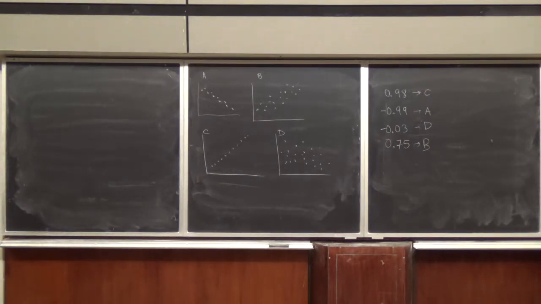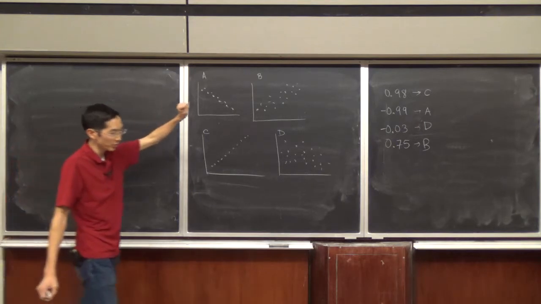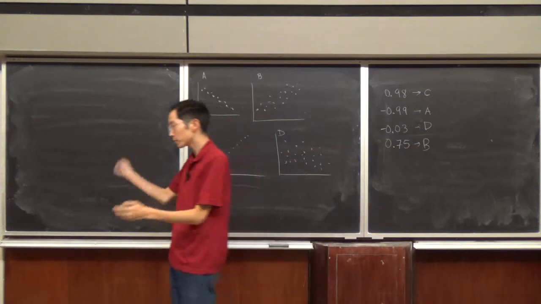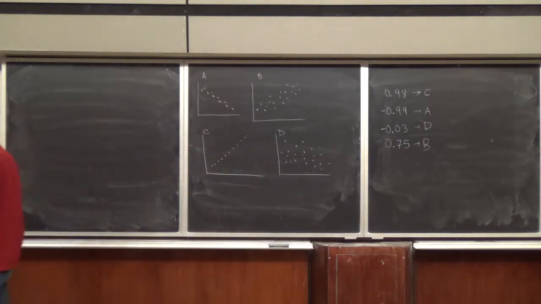Okay, so we have correlation. We have R. We know how R works. This all goes into play into what we call linear regression.